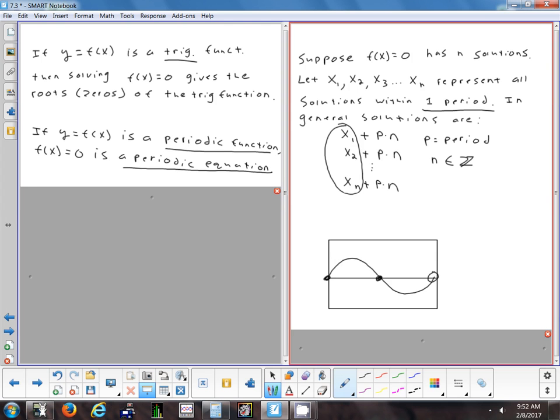What do you want to be careful about when you're writing all solutions within one period? That's a repeat. Okay? If this is 0 and this is pi, this is 2 pi. Well, 2 pi is a repeated answer. So generally, if you have an answer right on the left edge and right on the right edge of the screen, you only include one of them.